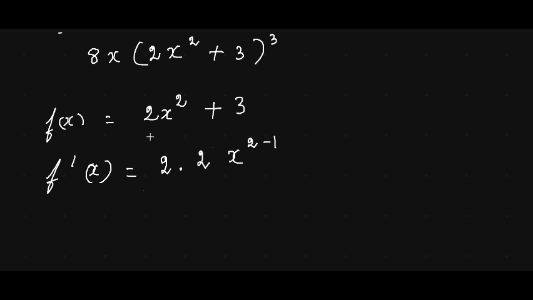So I'm trying to find the derivative of 2x squared plus 3. The derivative of x to the power of n is nx to the power of n minus 1, right? So therefore I can do that.